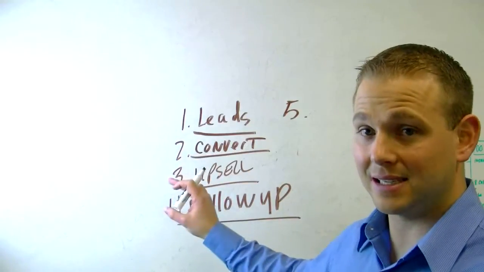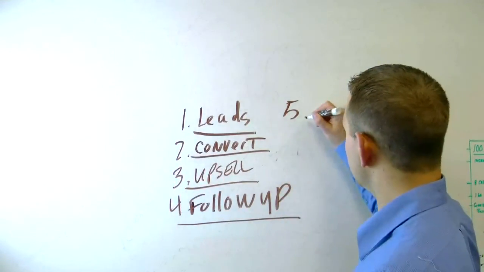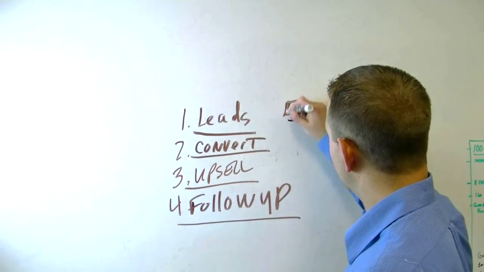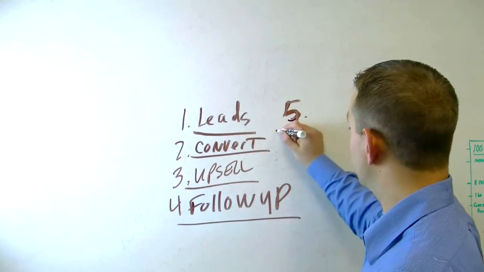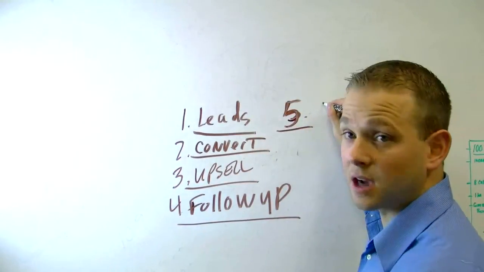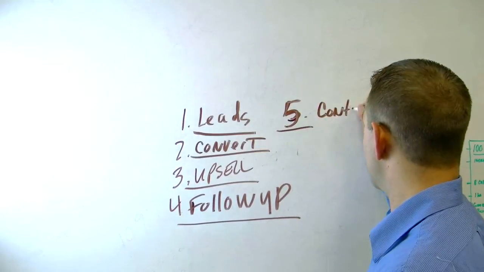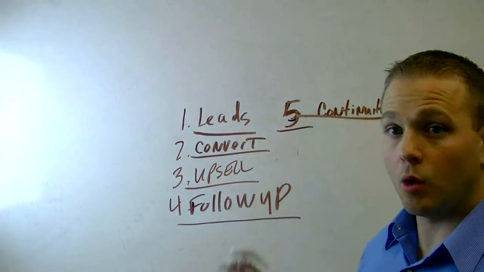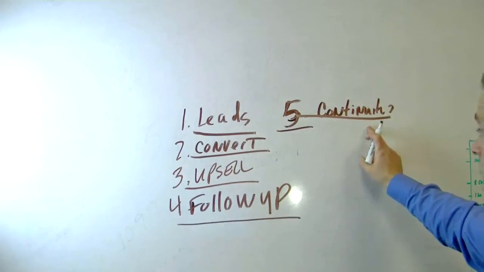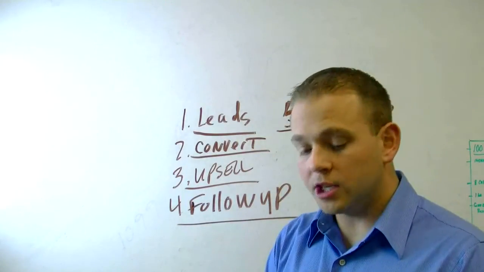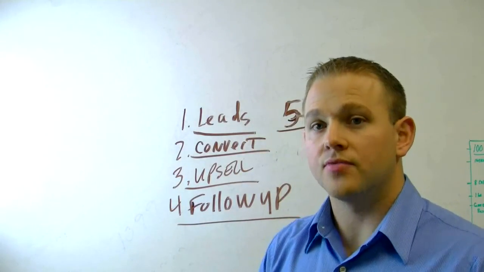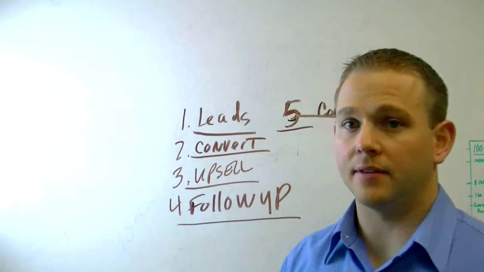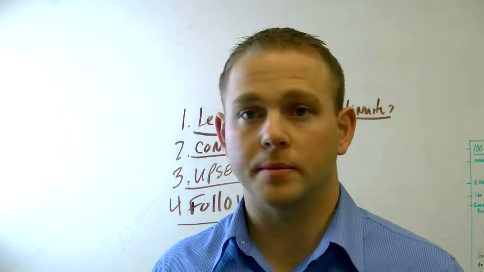Last but not least, number 5 is continuity. What is continuity? What can you offer your customers that will automatically have them paying for your products or services on an ongoing basis?